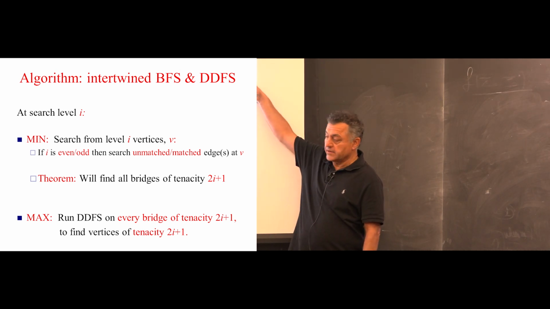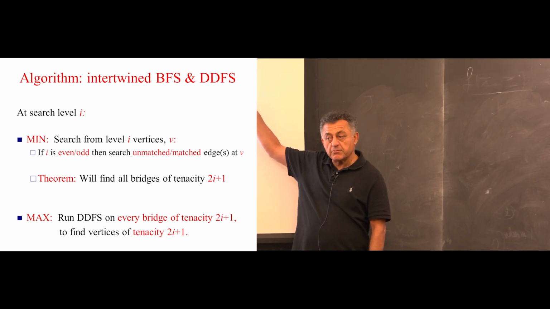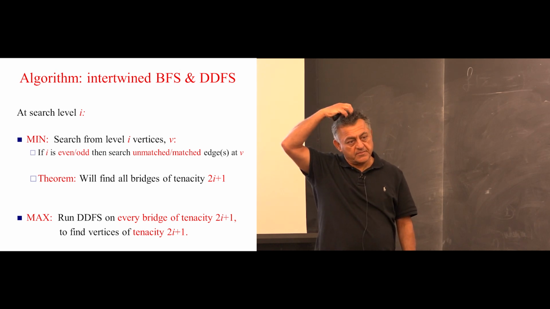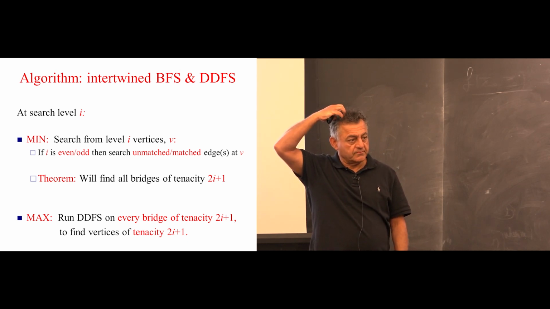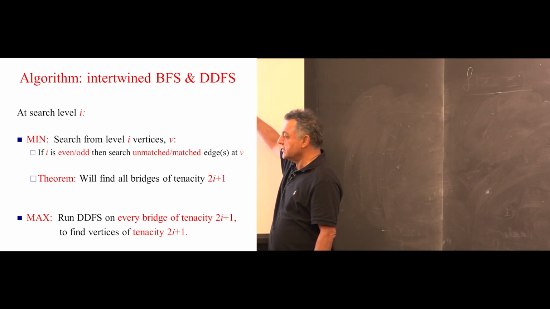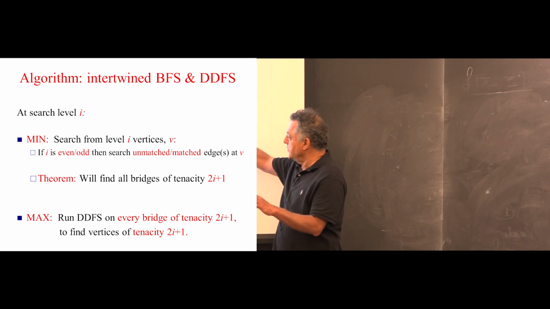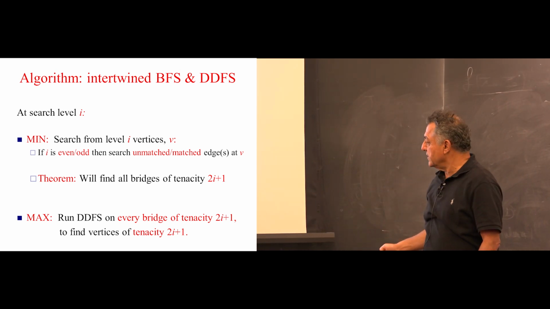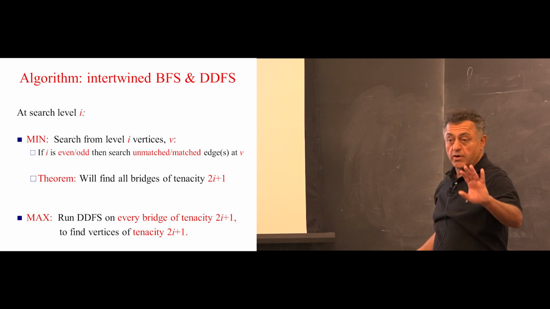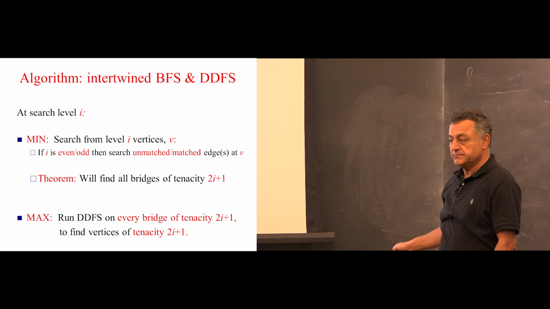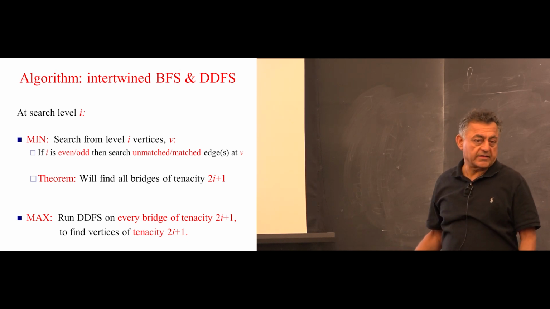Some of them are accumulated during min. Some of them may have been accumulated in previous search levels. And I'll show you that also. But altogether, they must be all accumulated by the time min is over with, so that when you come here and you do double depth first search on all these bridges, every vertex of tenacity 2i plus 1 gets its max level once you're done with max. Okay, and that will be a complete proof by induction.